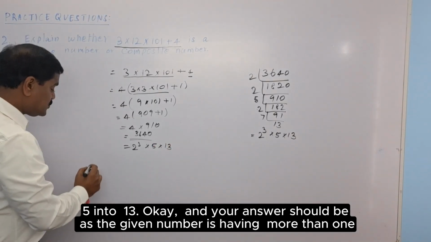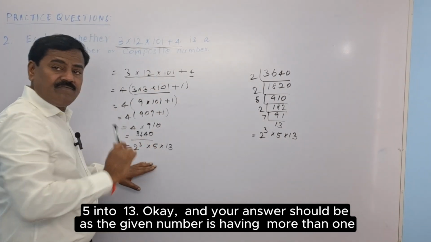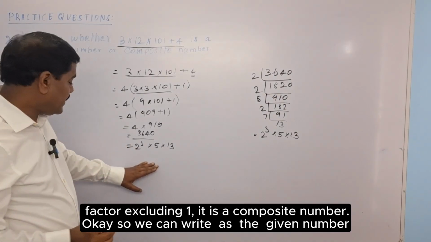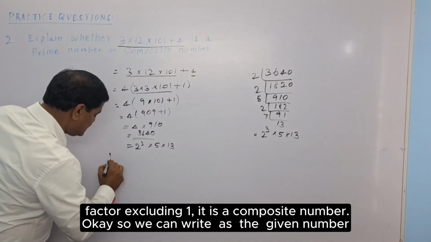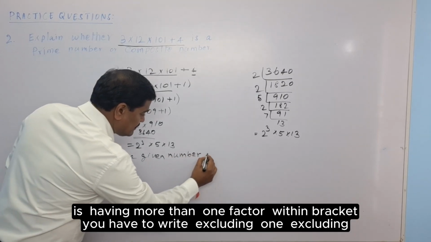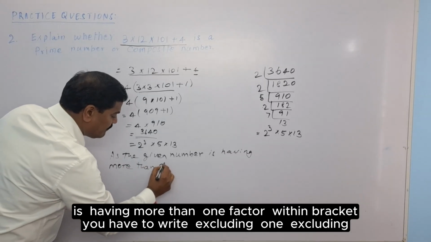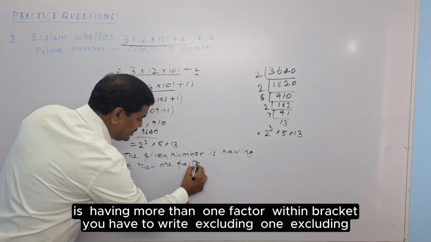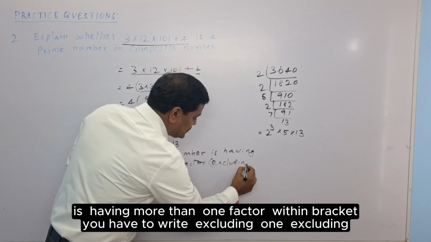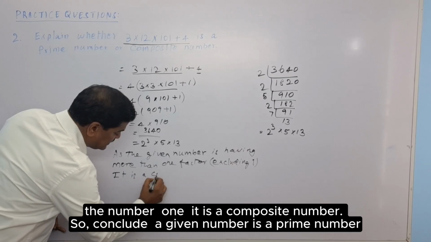Your answer should be: as the given number is having more than one factor, within bracket you have to write excluding 1, excluding the number 1, it is a composite number.